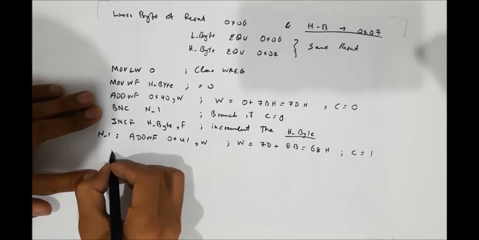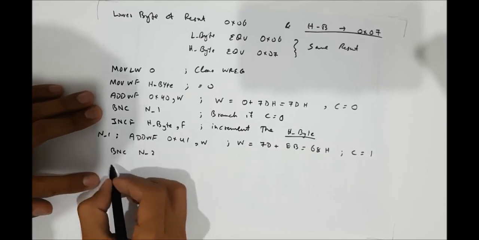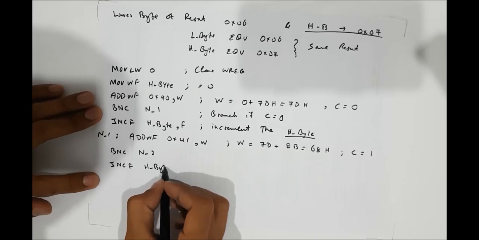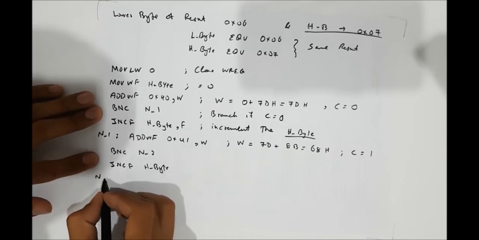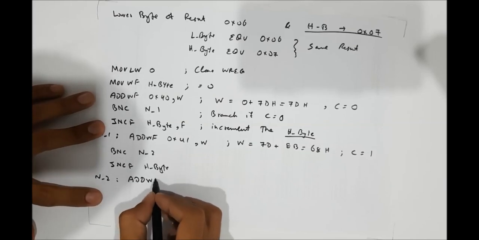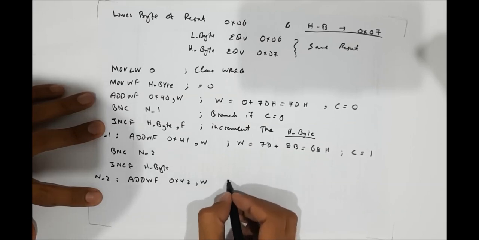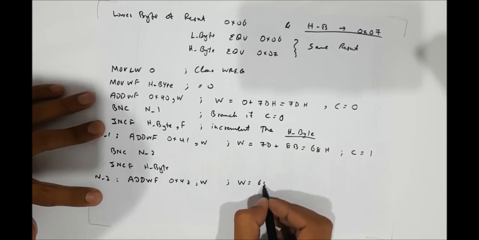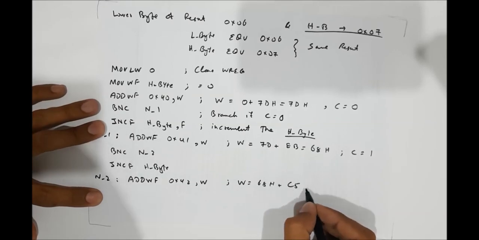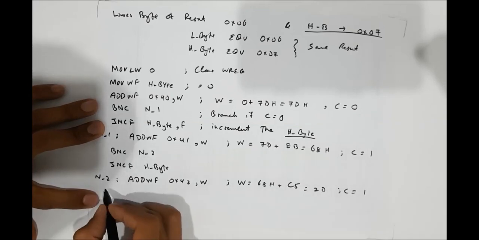So again we will write BC N2, otherwise INCF H byte, and at N2 we will add ADDWF 0x04 to W. W = 68H + C5 = 2D, and again C = 1.